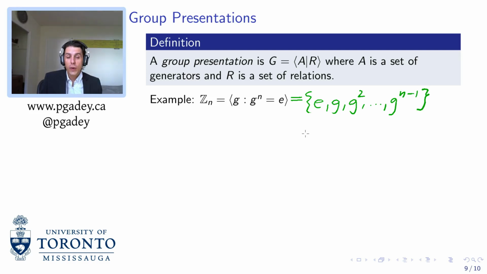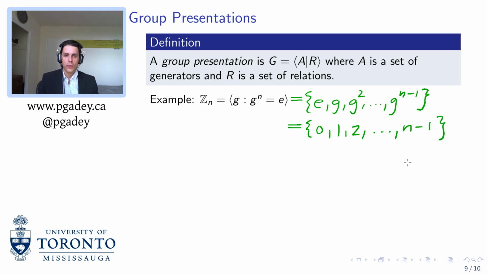Another way of writing this that you might have seen in Math 102 is to write this as a list of residues modulo n. What this group notation lets us do is perform calculations just using these relationships here.